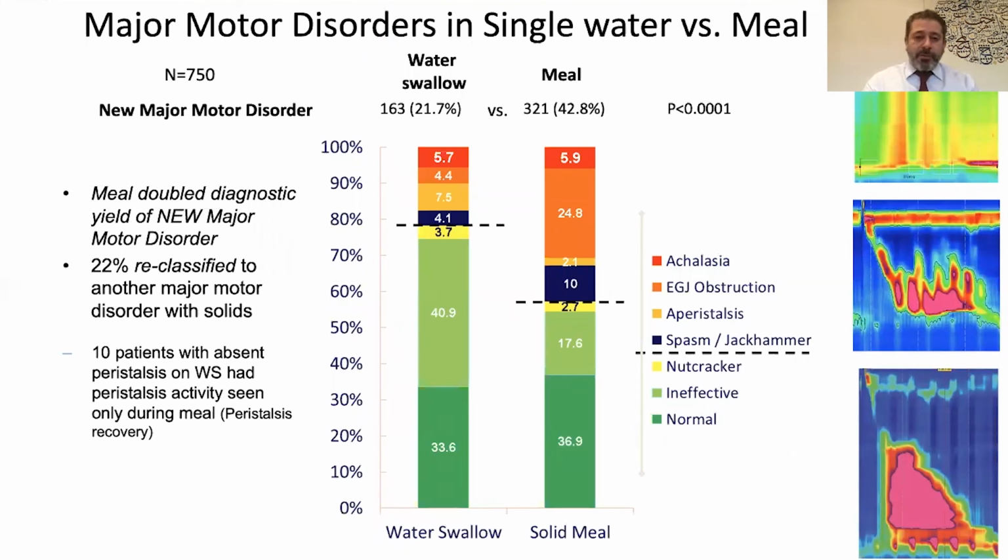They compared water swallows with a meal, but in regard to this talk in particular, ineffective esophageal motility dropped significantly when water swallows were compared to a meal. And the number of patients with aperistalsis dropped as well, many of which then progressed to having normal swallows. 10 patients with absent peristalsis on water swallows had normal peristaltic activity.